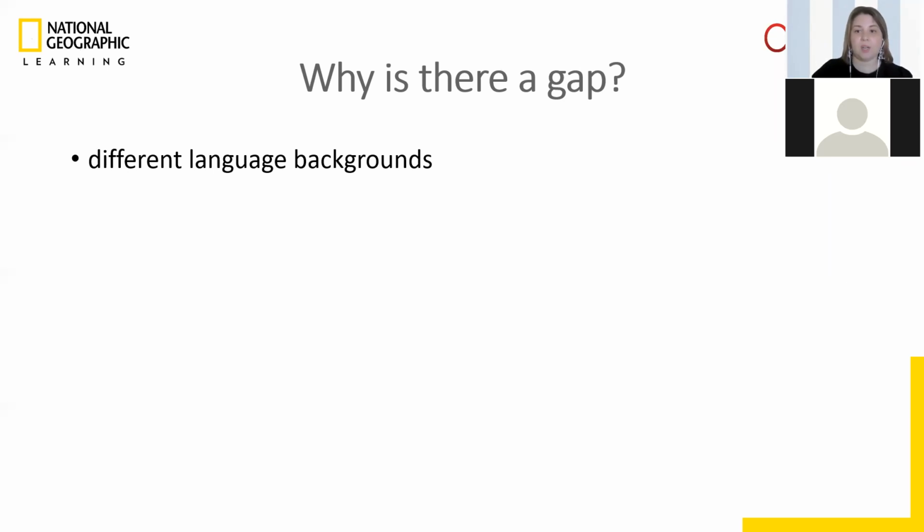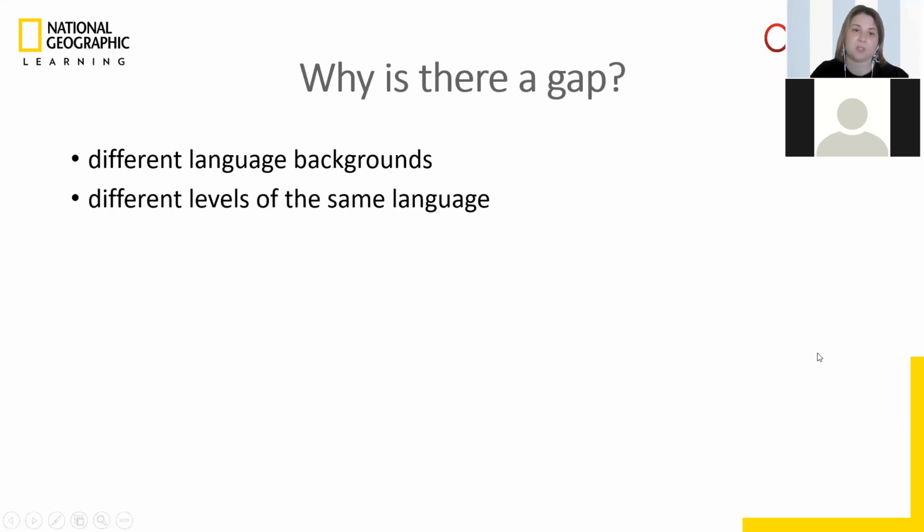Then also the reason can be that we may speak the same language, but we may have different levels of the same language. So it can be L2 actually, the foreign language. So maybe my level is A2, my friend's level is C1, and my friend will struggle with me.